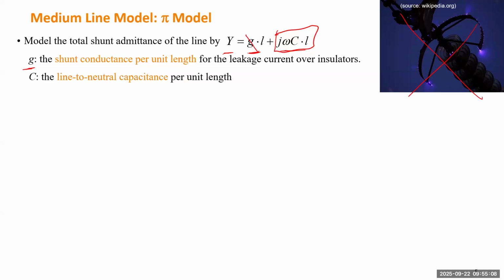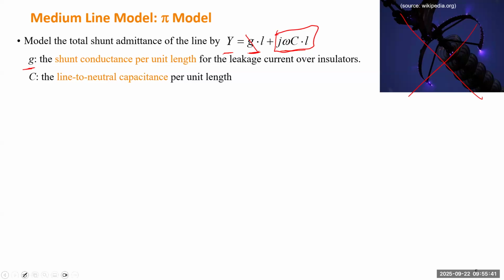C is the line to neutral capacitance per unit length. So if you calculate the total capacitance between two conductors, you need to divide this capacitance into half or multiply by 2. Which one? Do you remember? If you calculate the total capacitance between two conductors, and now you want to know the capacitance to the ground or to the neutral point, is that double or half? That's double, right?